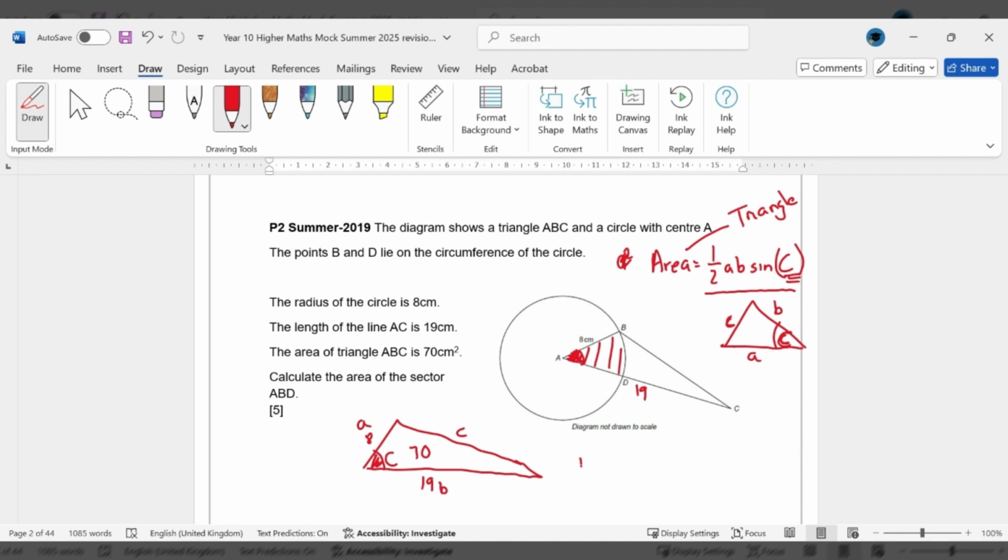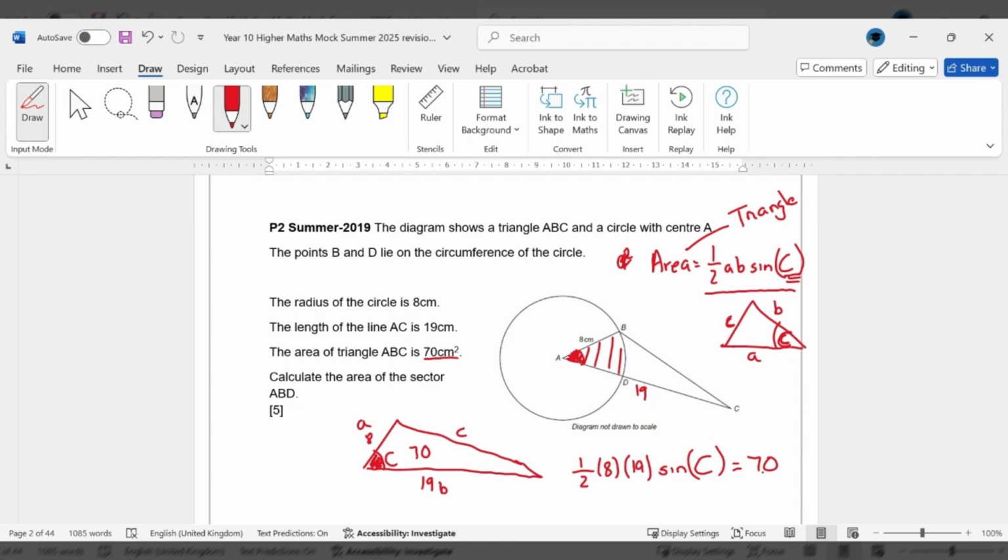So the area of a triangle is half little a, which is 8, little b, which is 19, sine C, but we don't know the angle C. It would be useful to us, but we are told that the area is 70.